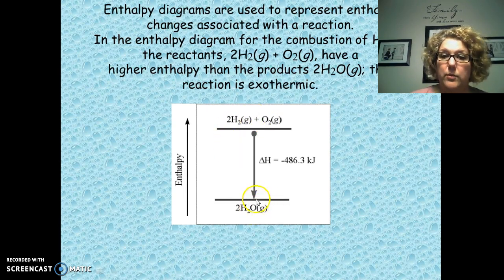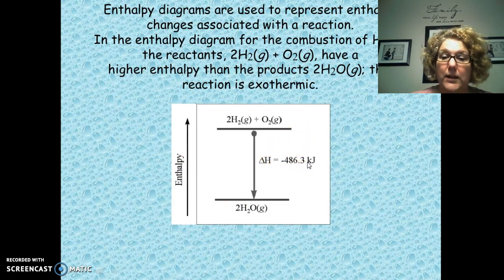Therefore, since energy was released, that means our products must have less energy than our reactants did. So that's why the reactants go on top. And you draw the arrow pointing towards the products. You always do that. And then put the products on the bottom because they have less energy. They have less enthalpy because this much was lost in the course of the reaction.